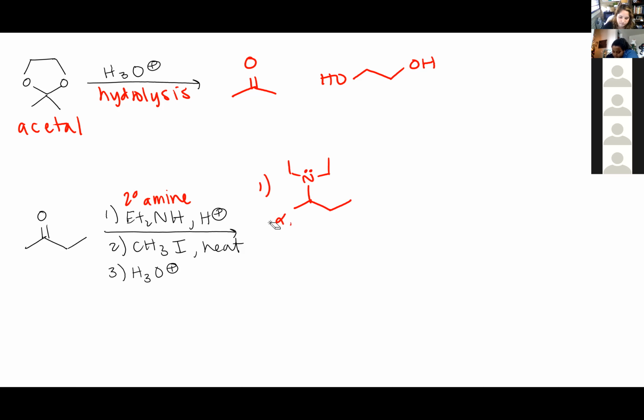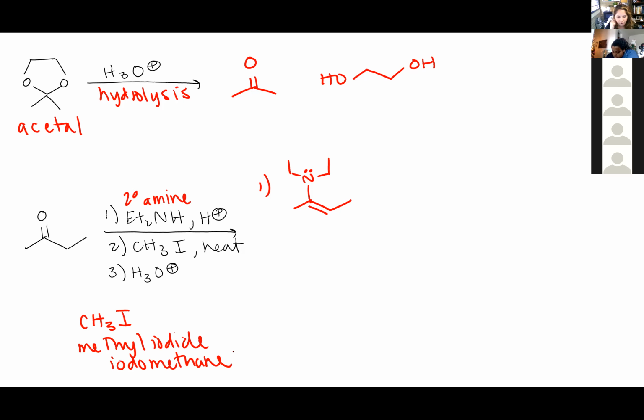Okay. And then we are adding methyl iodide. Oh, that's another common name, right? Saying methyl iodide is the common way of naming this, whereas the IUPAC way is iodomethane.